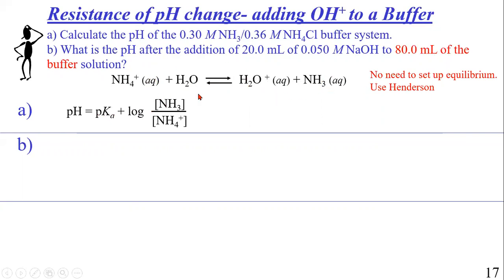Of course, you don't need to set up an equilibrium, put initial and minus x and plus x, and then do all the x calculation. No, as long as I have an acid and its conjugate base in a solution, we call this common ion, or simply a buffer system, and use Henderson.